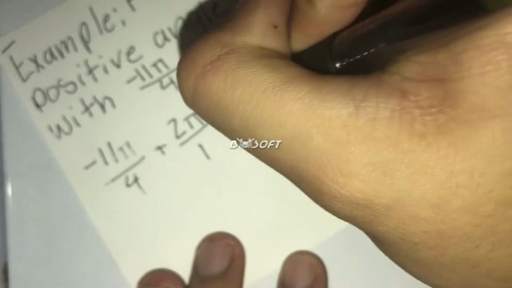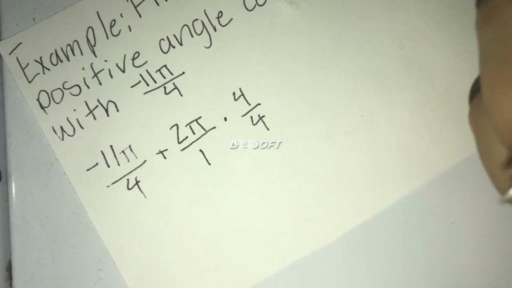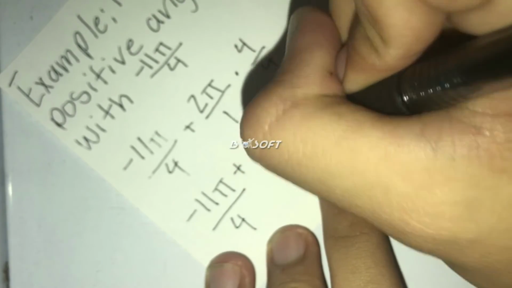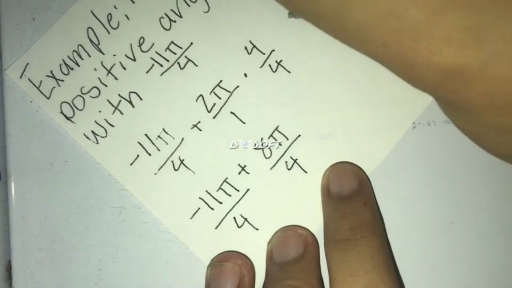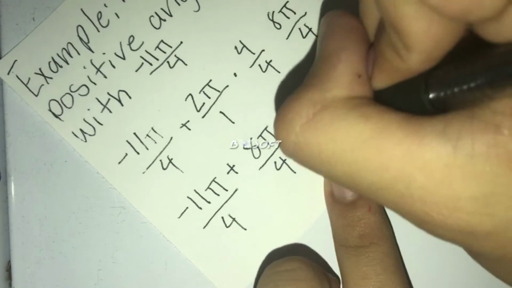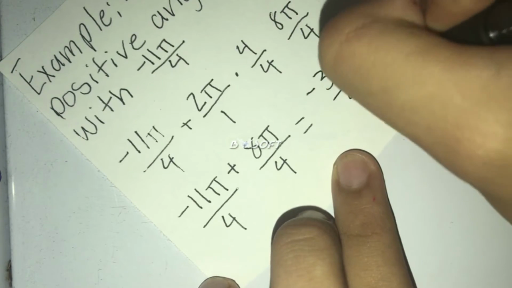So multiply this by 4 over 4, and we're not changing the value because 4 over 4 is still 1. So now we can do negative 11 pi over 4 plus 8 pi over 4, because that's what we got from this. And we get negative 3 pi over 4, which is still not positive.